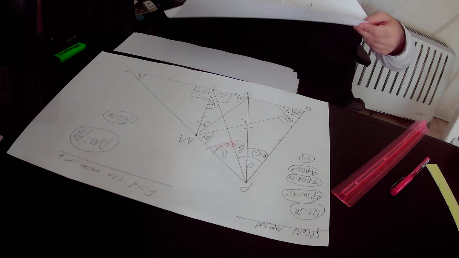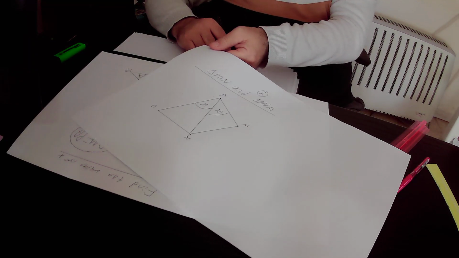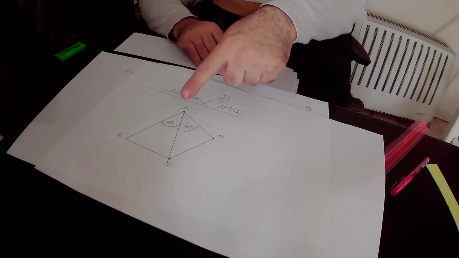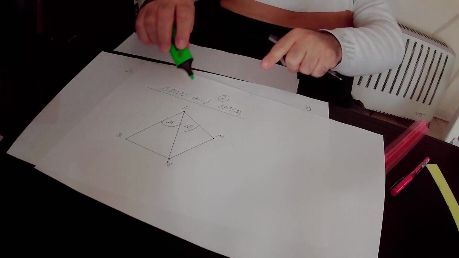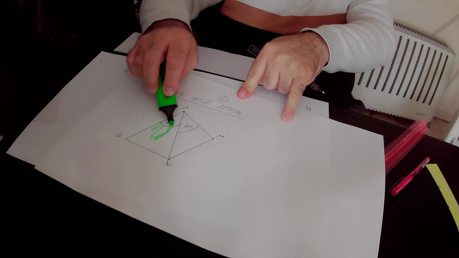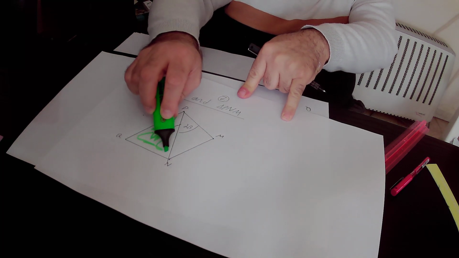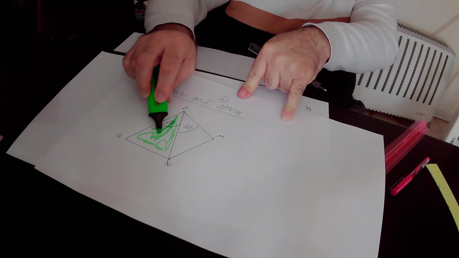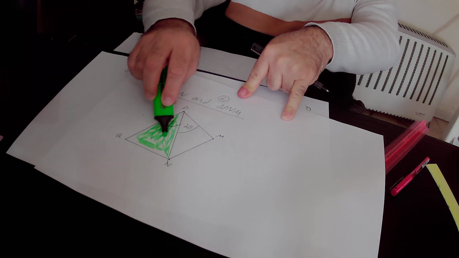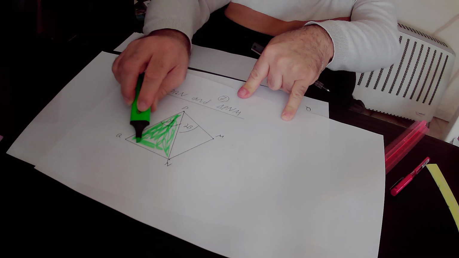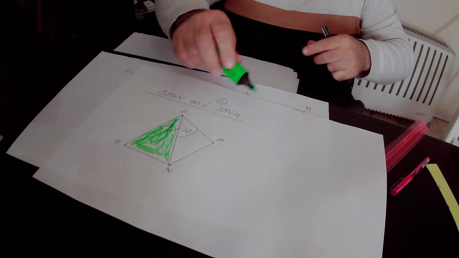So we will prove that triangle PQN, the green triangle, is congruent to the white triangle, triangle PNM.